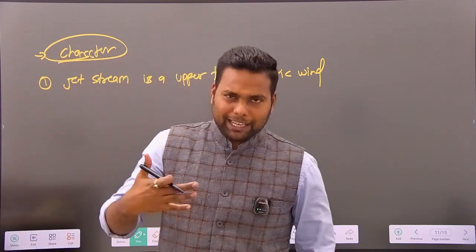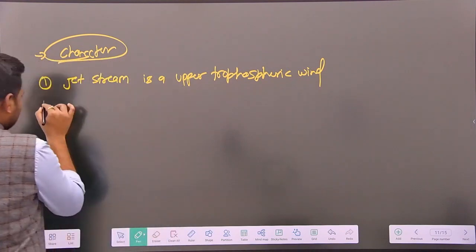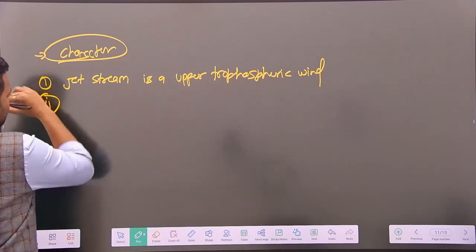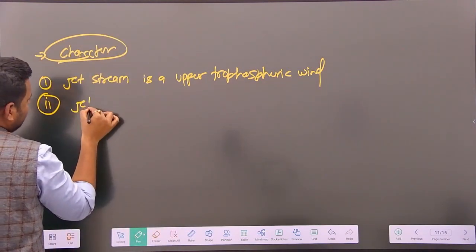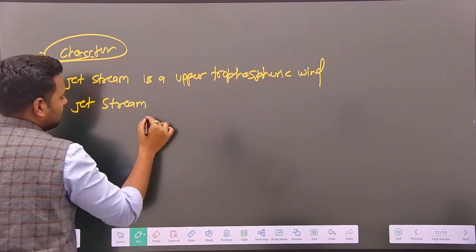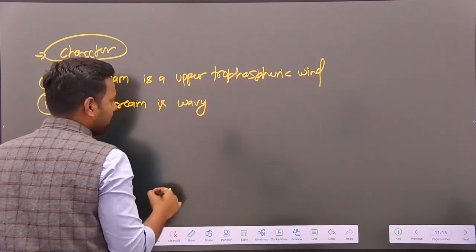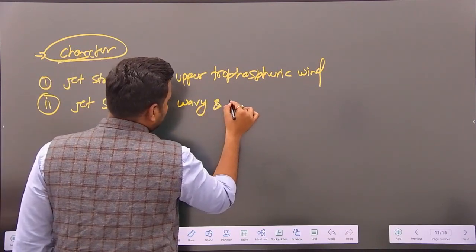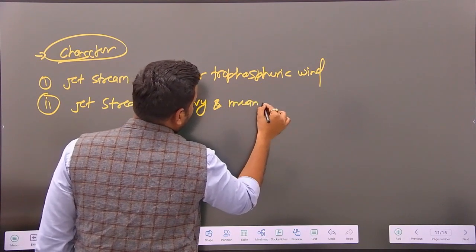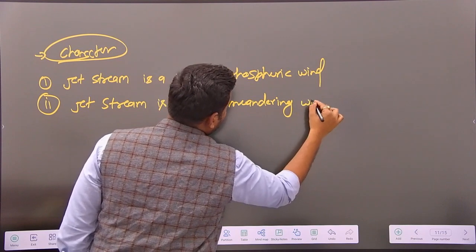There is no direct connection with the earth. And the second one is the jet stream is a wavy and meandering wind.